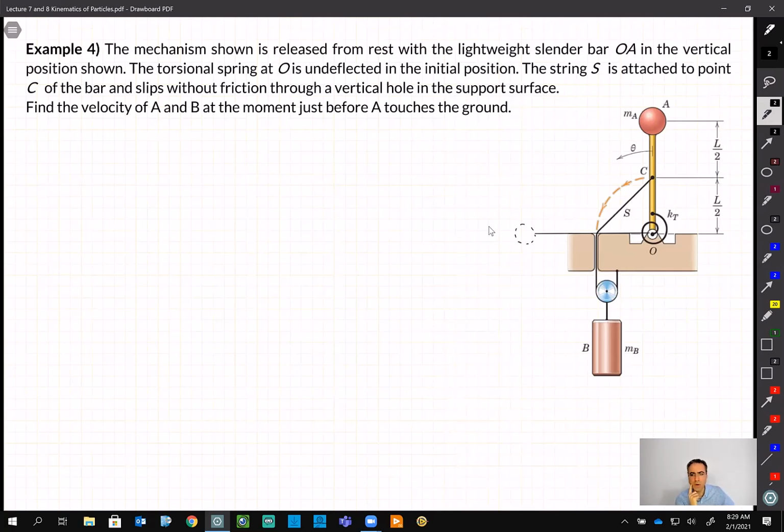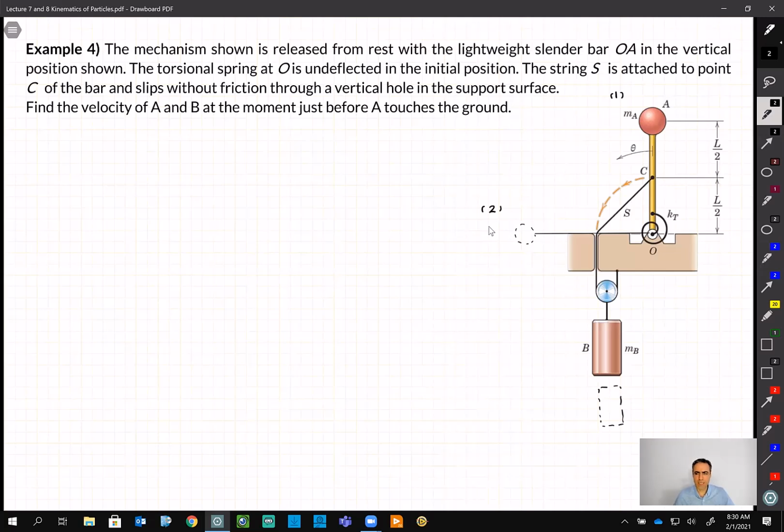We just want to know everything at the moment just before it touches the ground. But we estimate that it's going to be horizontal. Okay, so this is the question, and this is position 1, and this is position 2. Of course, when these things come down, we know that this mass also comes down, right?